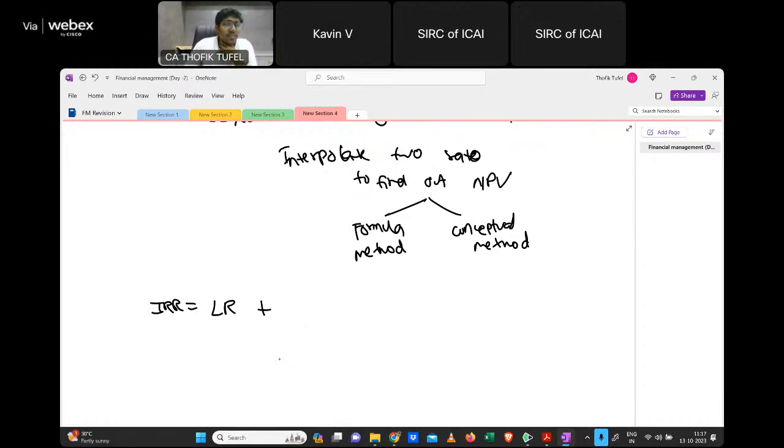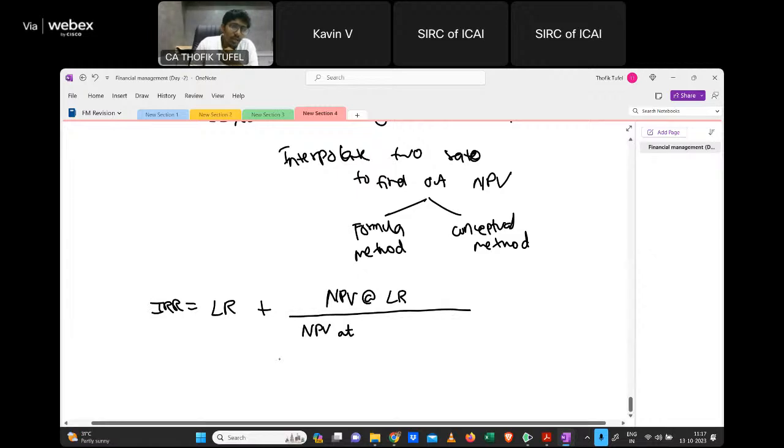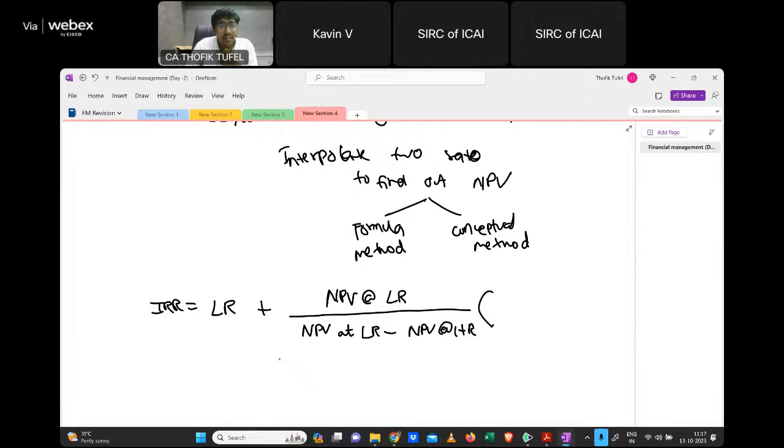Lower rate. LR means lower rate, and then you have to do lower rate plus NPV at lower rate, the whole divided by NPV at lower rate minus NPV at higher rate, into higher rate minus lower rate.